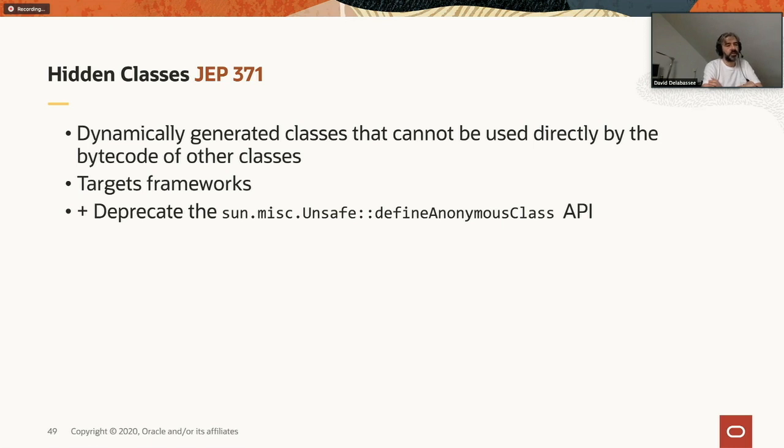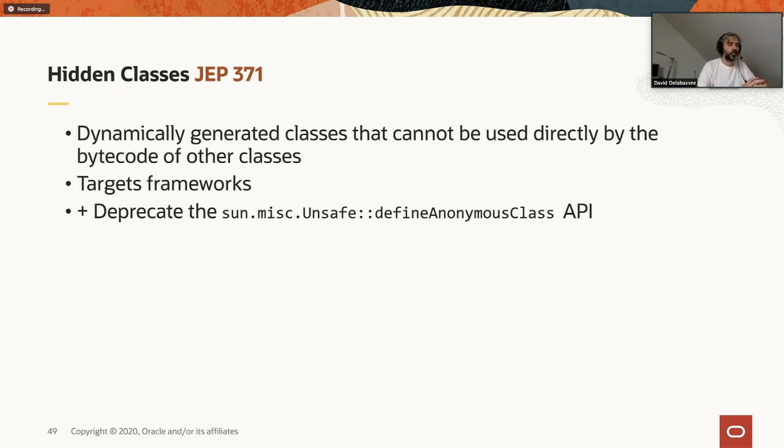The thing is that those classes, given that they are generated, can potentially be used by other, external bytecode, something that we clearly don't want. So hidden classes give framework developers the ability to still generate classes dynamically on the fly, but those classes are hidden from the rest of the world.